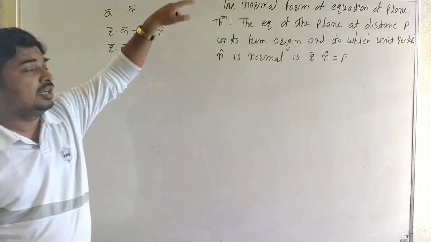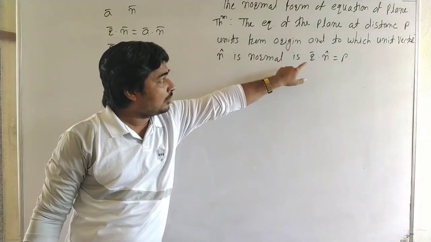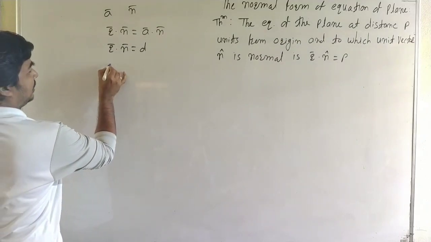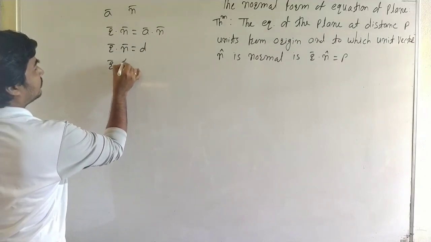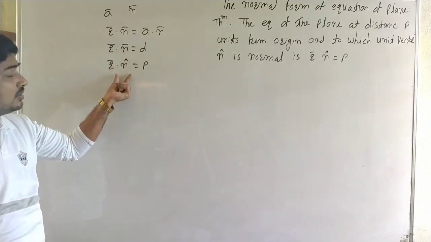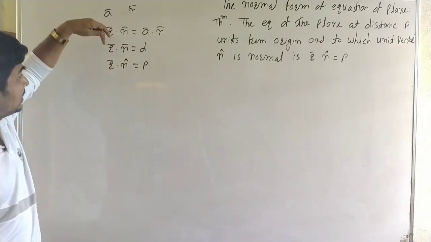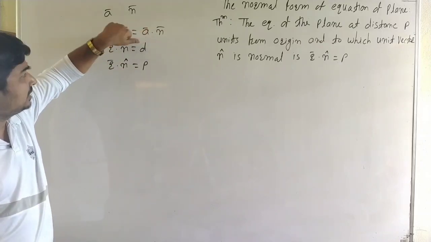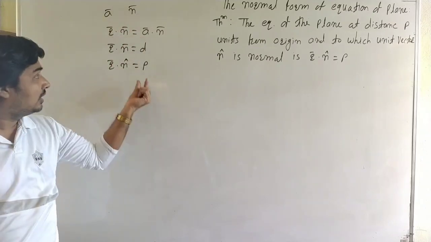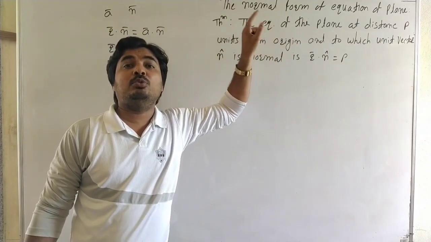Now we see the vector equation of a plane in normal form. Here it is r bar dot n cap is equal to p. See carefully, this is the normal form equation. The difference between these two vector equations of planes: r bar dot n bar is equal to d, where d is a scalar, and r bar dot n cap is equal to p, where p is also a scalar, but here p is the distance of the plane from the origin.